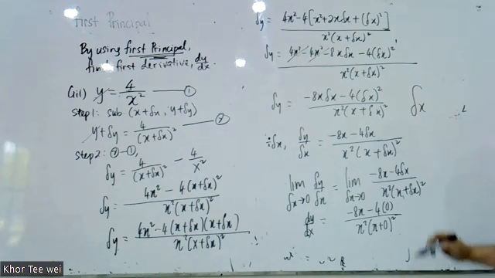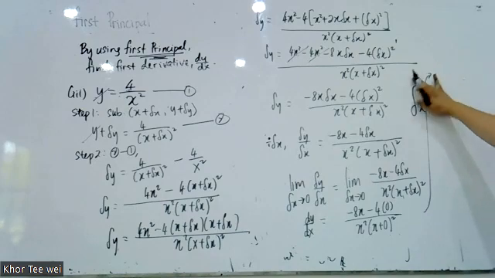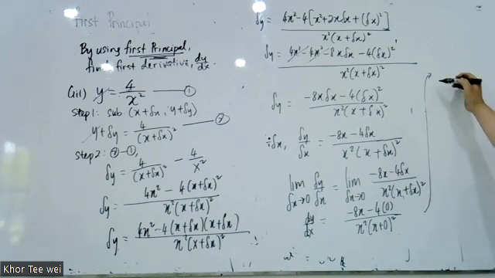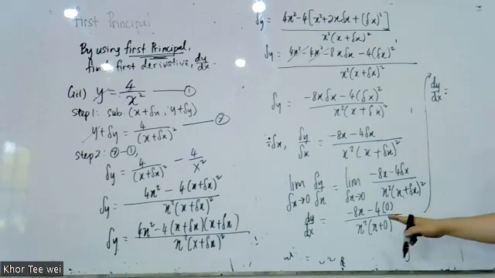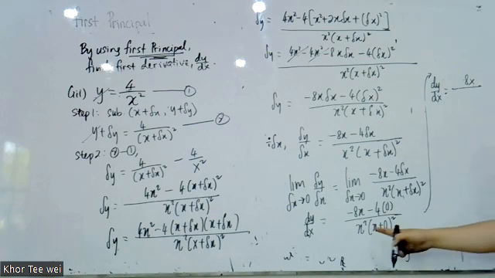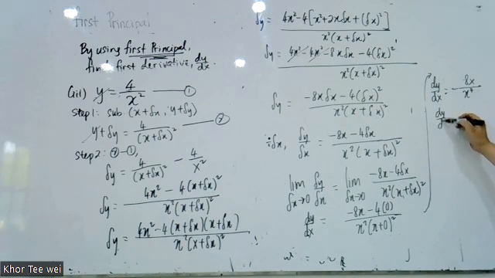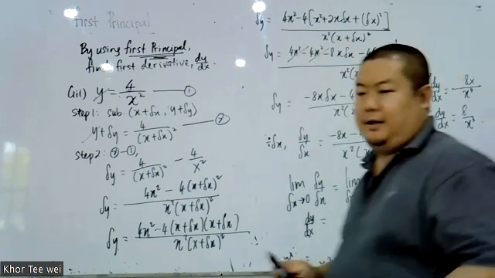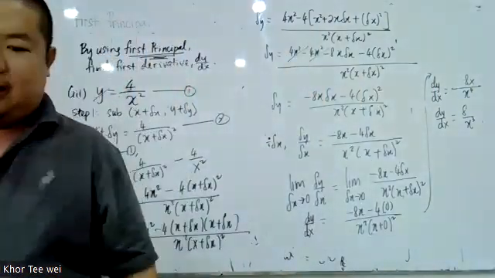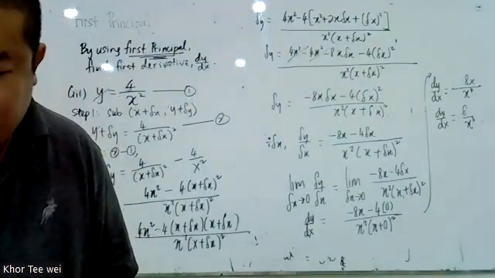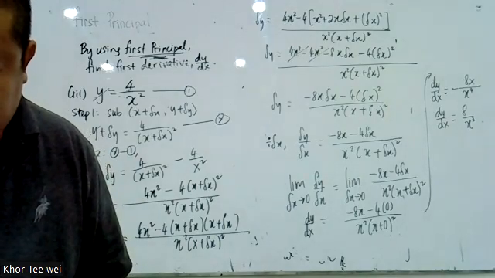Then you get the answer: dy/dx equals negative 8x over x squared times x squared, so x to the power 4. So this one is how you find the first principle. How you find the first principle.